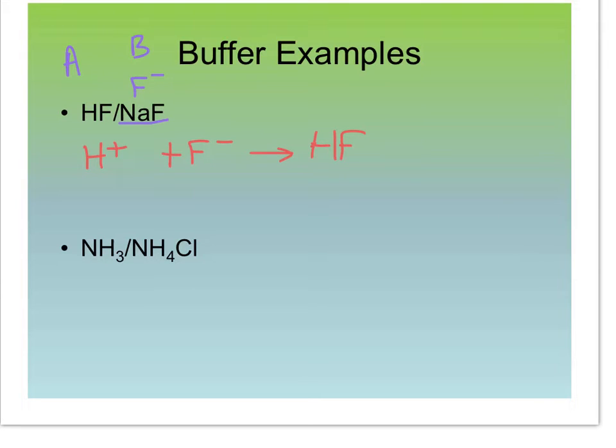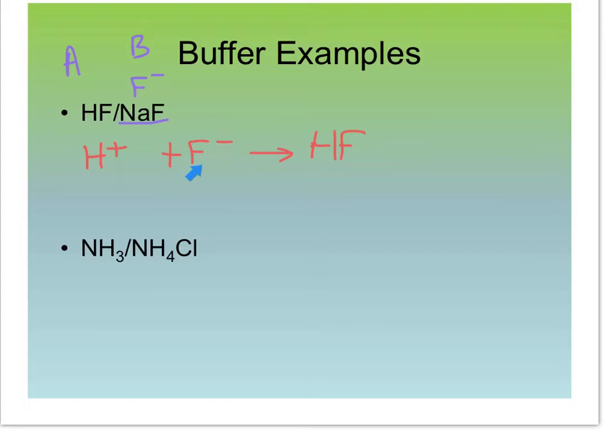Now, if I do this and I add only a little bit of H pluses, this is my limiting reactant, basically, I only have a little bit of it. I'm going to use all of the extra H pluses up. I'm going to use a little bit of the F minus, but I'll have more of it left because it's not my limiting reactant, it's the one in excess.